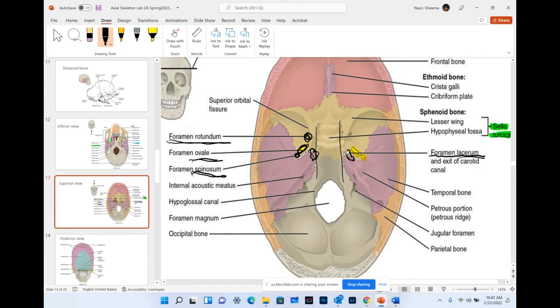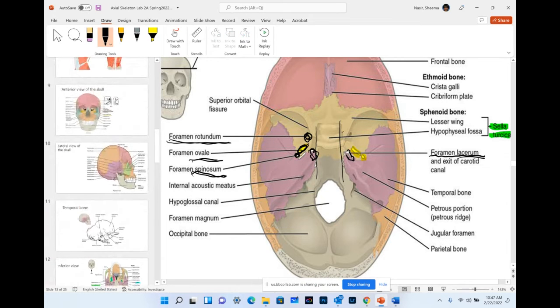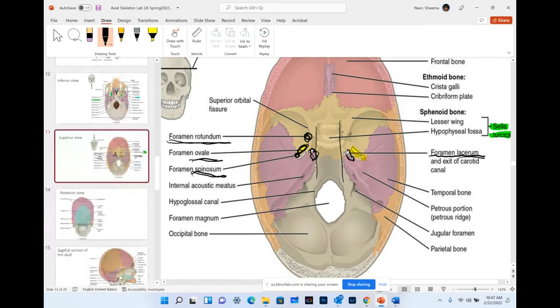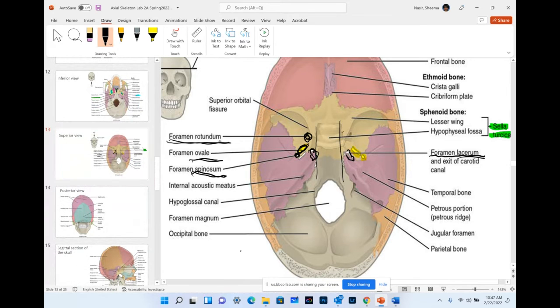Now, we are going to look at the ethmoid. Let's first look at ethmoid. Where is ethmoid? So ethmoid you can see from the inside as well.